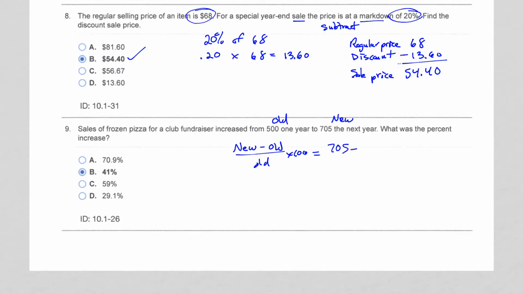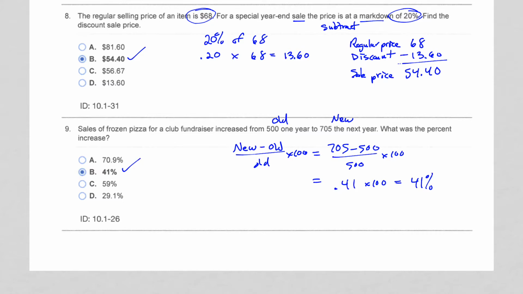So 705 minus 500 divided by 500 times 100. So basically that's going to give us 0.41, which then we multiply by 100, so it's going to be 41%.